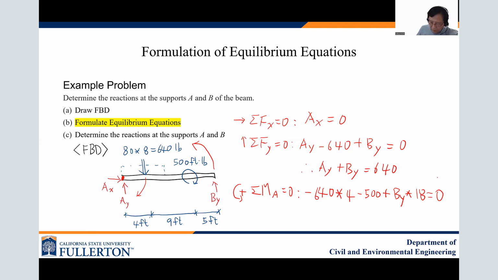So with this one, you can formulate 18 B_y equals, you add this one, you can get 3060. So that is the formulation of the equilibrium equations.